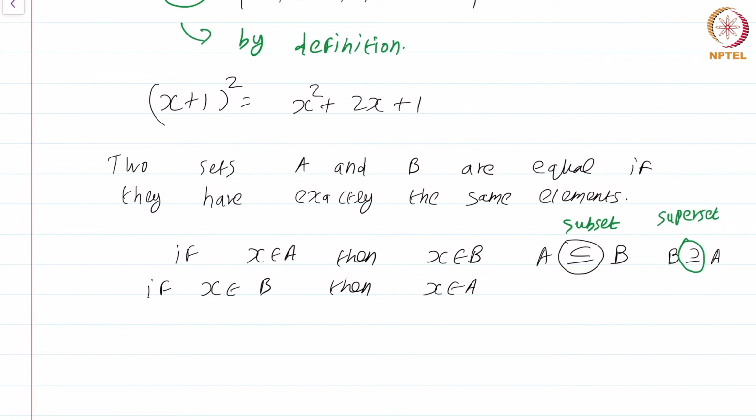The second one is obviously by analogy, just B subset of A, or A is a superset of B. Okay, so to show that A and B are equal, all you need to show is A subset of B and B subset of A. If you show both of these, that means A and B are exactly the same sets. A is equal to B.